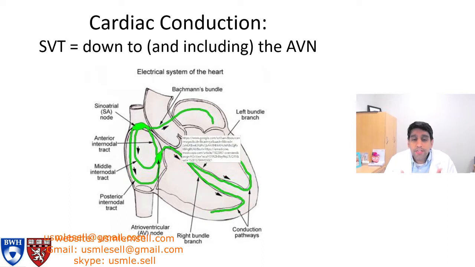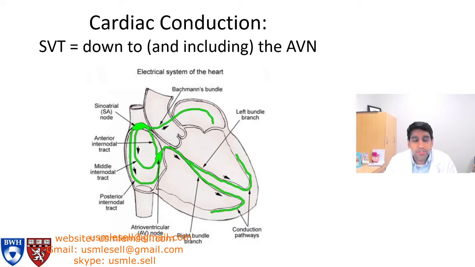Now, we oftentimes define arrhythmias based on where in this conduction system a lesion or a problem is occurring. Now, of course, clinically, we don't always know that. We don't have insight into what's going on in all cases, but in terms of an organization rubric, it's the most commonly used way of classifying arrhythmias.